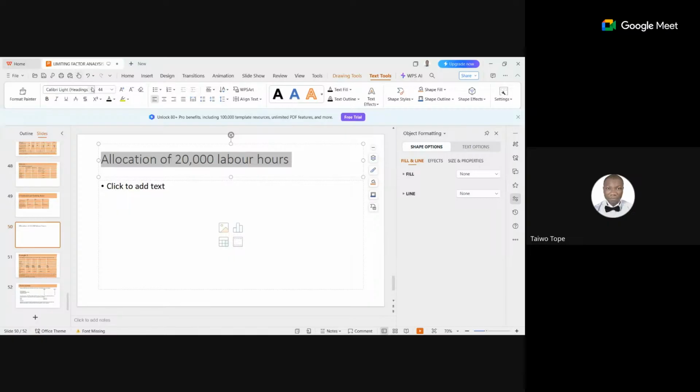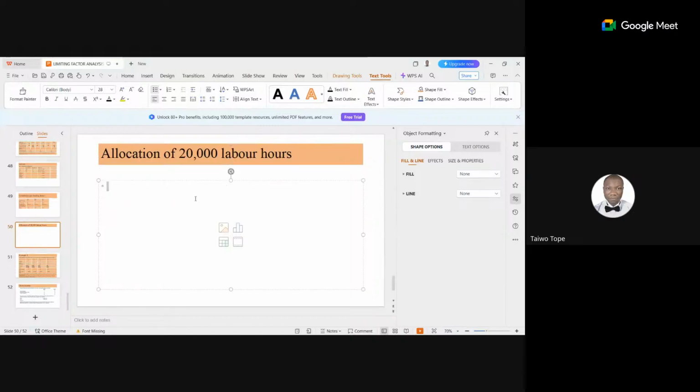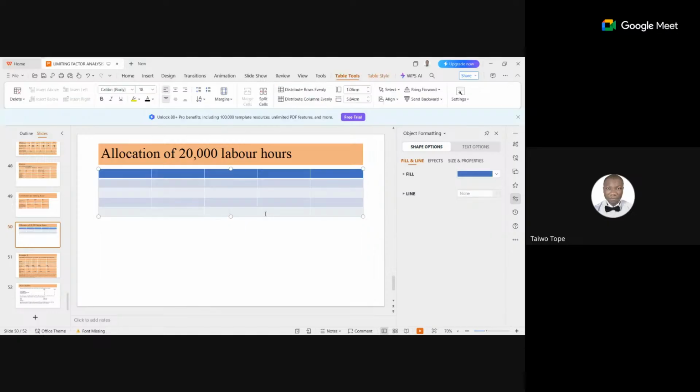If you are to allocate, in what proportion will you allocate? Let's present that in a table too.